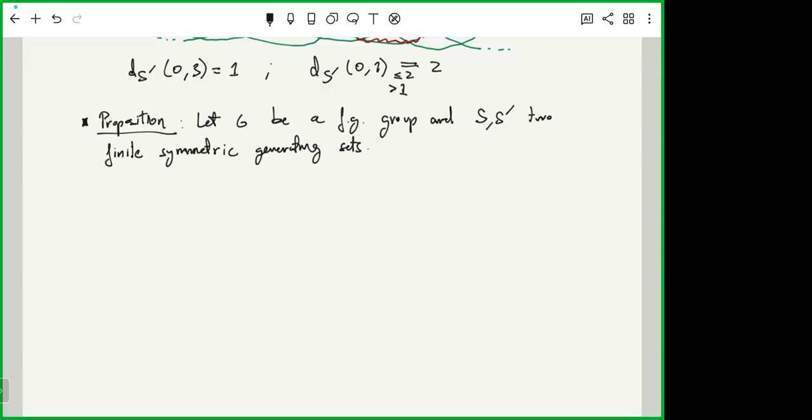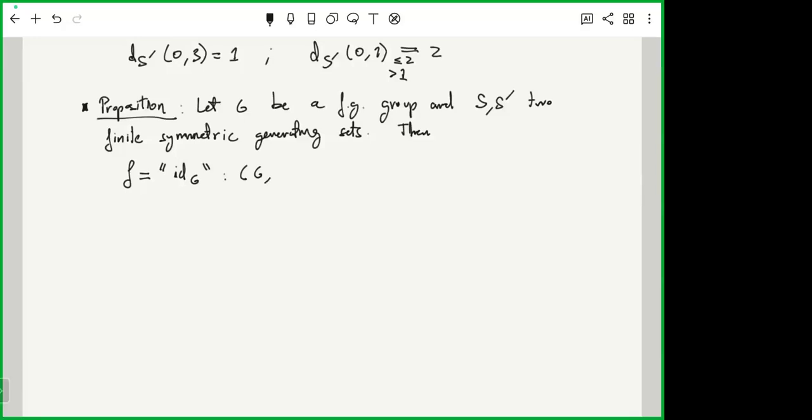Then the identity map on G is a quasi-isometry between the two metrics. On one side, I consider G with the distance induced by S prime, and on the other side, the distance induced by S. I write identity in quotes because it is the identity on the underlying set, but I'm considering two different metric spaces. So this map is going to be a quasi-isometry.